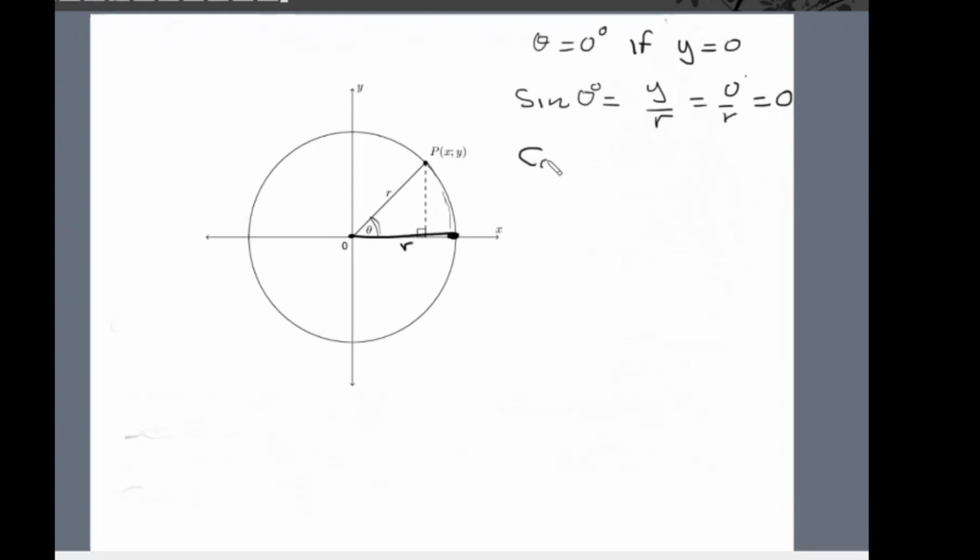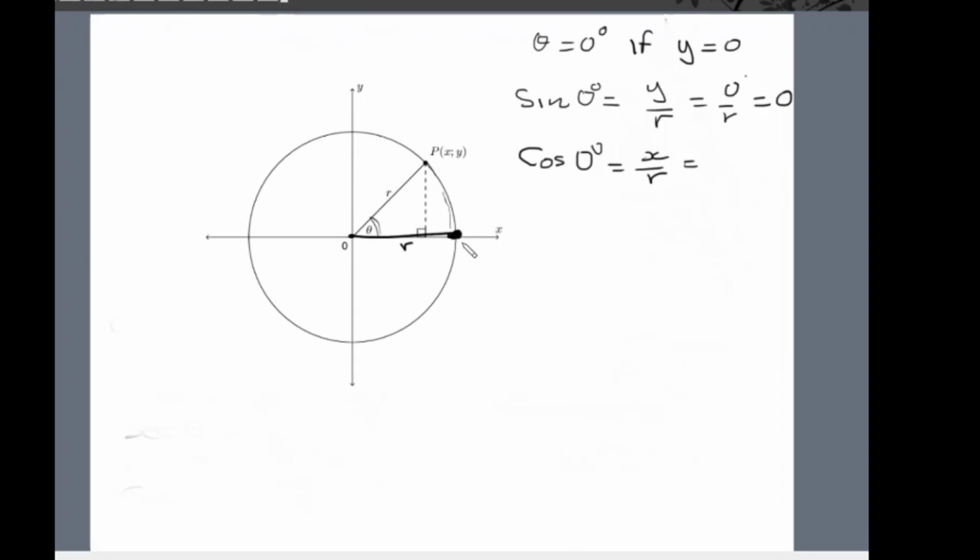Cos theta: theta is 0, cos is x over r, right? So notice x, in this case, x will be what?